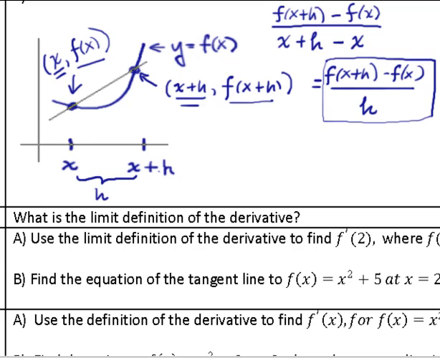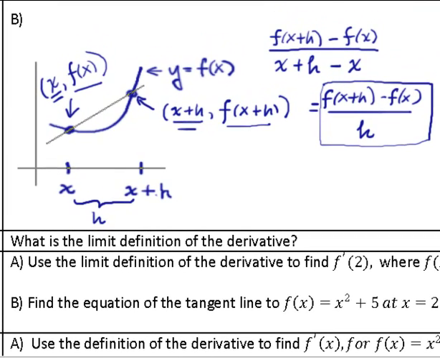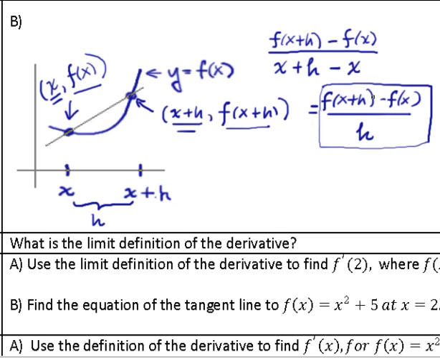Right here, we see this expression, f of x plus h minus f of x over h is the slope of the secant line, and h is the distance between x and x plus h. So if this distance gets smaller, then the secant line gets closer to the tangent line at x.